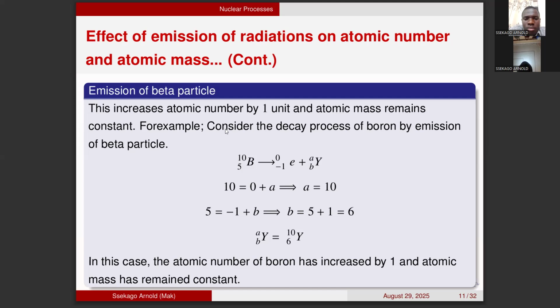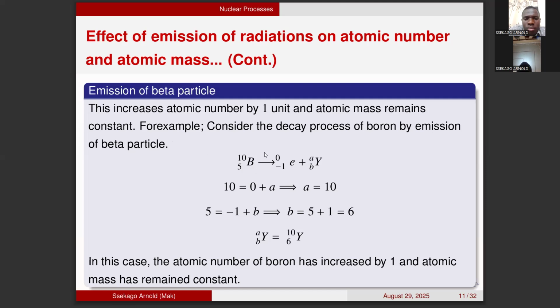We consider the same example, the decay process of boron. In the first case, we saw the decay process of boron by emission of alpha particle. This is the decay process of boron by emission of beta particle.